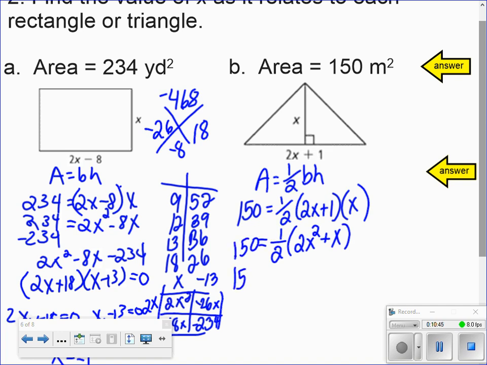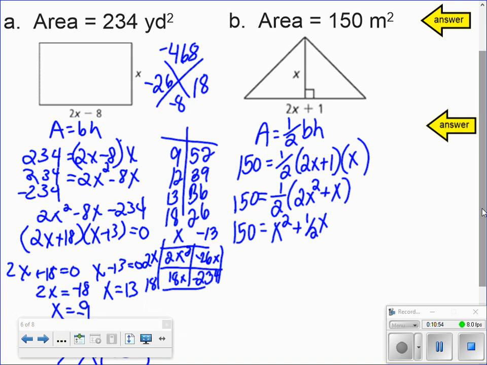Distribute the 1/2. This gives me x squared plus 1/2 x. Because I don't want to deal with the fraction here, I'm going to multiply everything by 2, both sides. This becomes 300 equals 2x squared plus x.